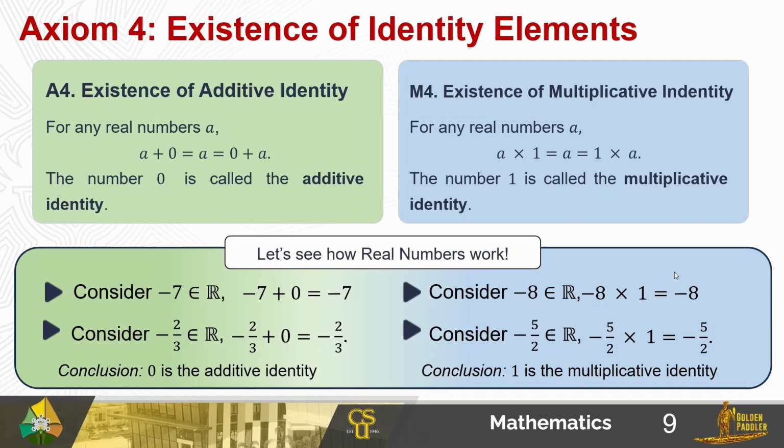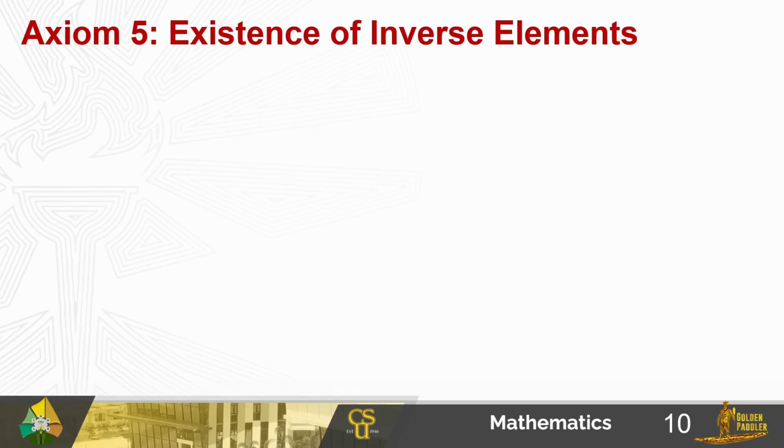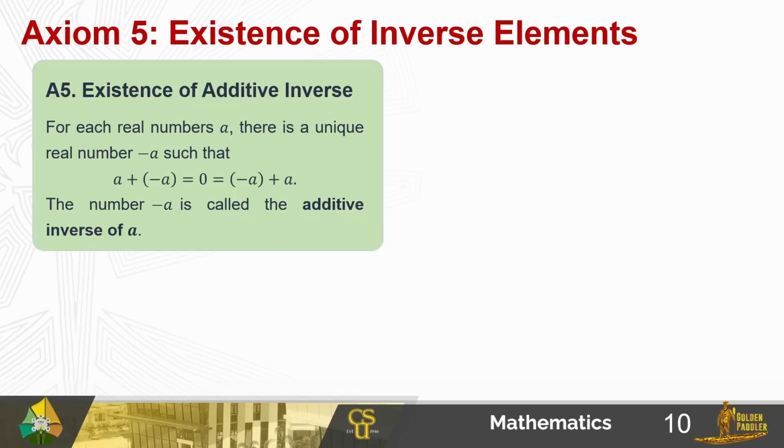So in summary, axiom 4 states that adding 0 or multiplying by 1 leaves the original number unchanged, making 0 the additive identity and 1 the multiplicative identity. Now let's discuss the fifth axiom. Axiom 5 is what we call the existence of inverse element. For addition, it says that for any real number a, there is a unique real number negative a such that a plus negative a is equal to 0, and that's equal to negative a plus a.